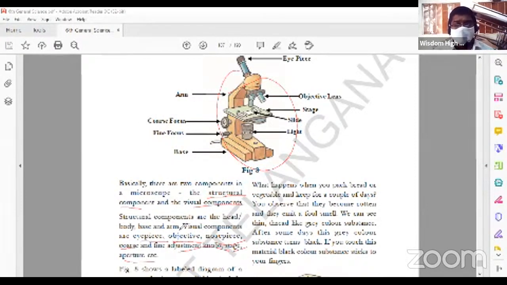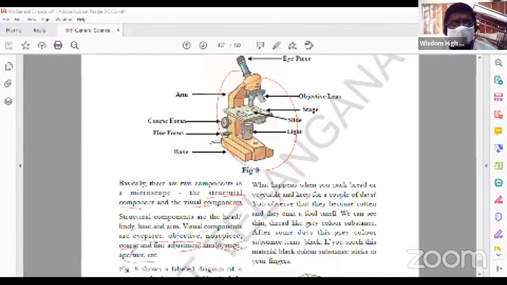Visual components mean eyepiece, objective, nose piece, coarse, fine adjustment knobs, stage, aperture.